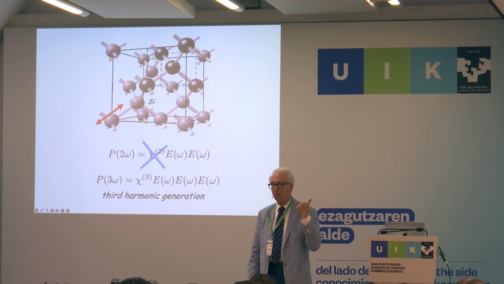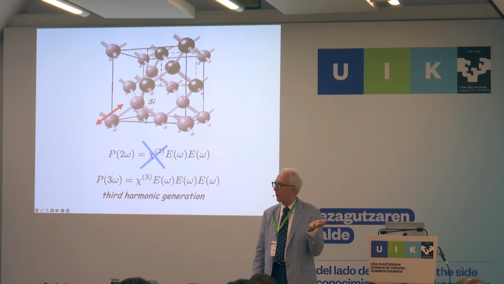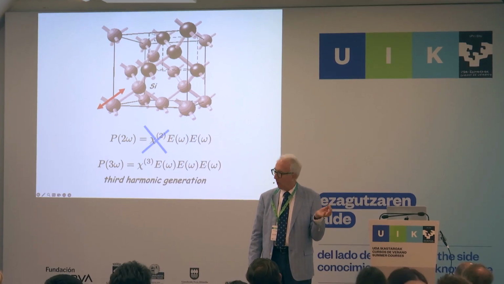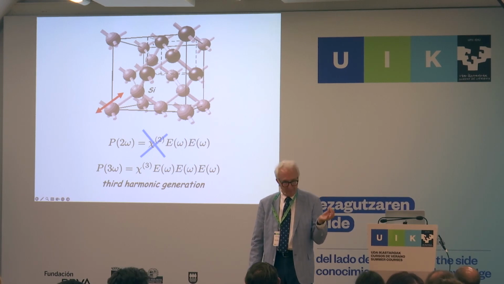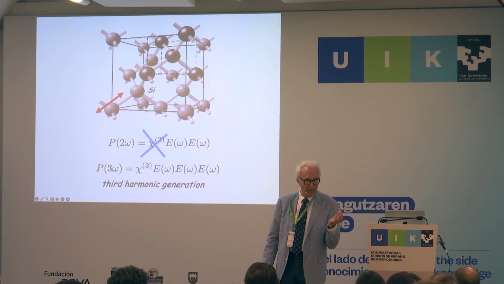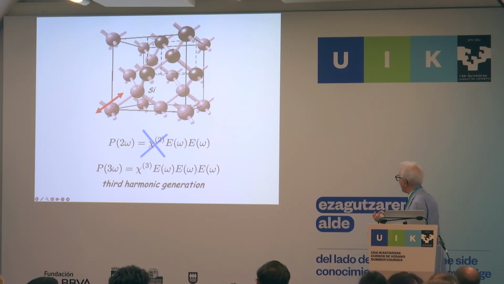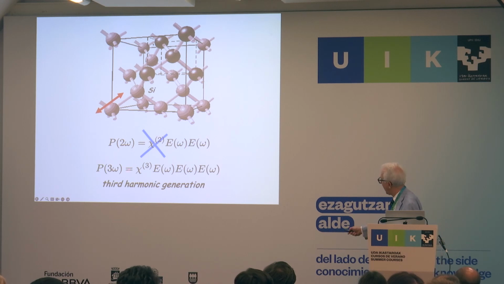They occur in the vacuum because of virtual excitation of electron-positron pairs. Too small for us to measure, but in principle, even the vacuum has a Chi3. Okay? So here, for example, I can get third harmonic generation. Okay? Well, I'm going to get a polarization oscillating at 3 omega because I'm combining 3 fields at omega.